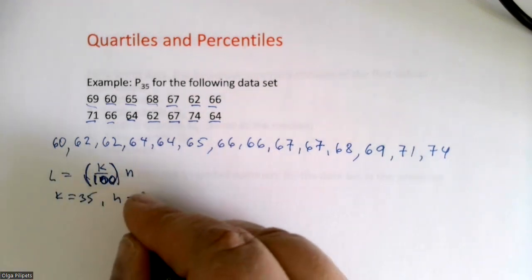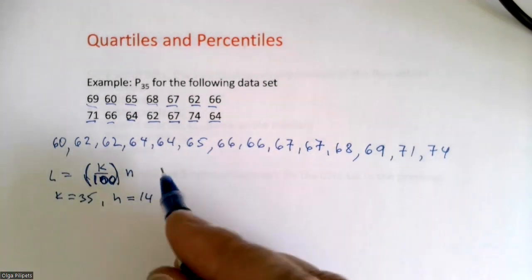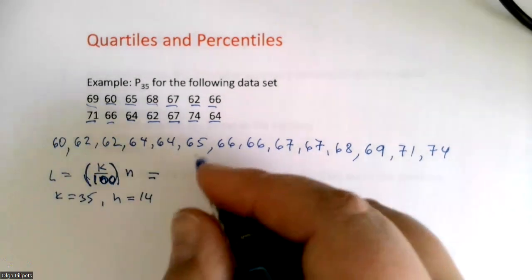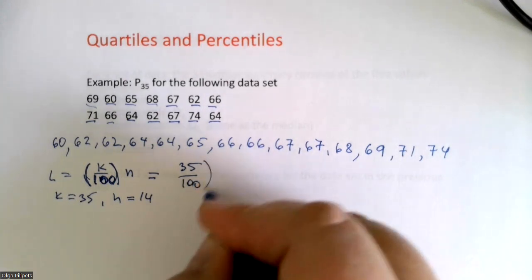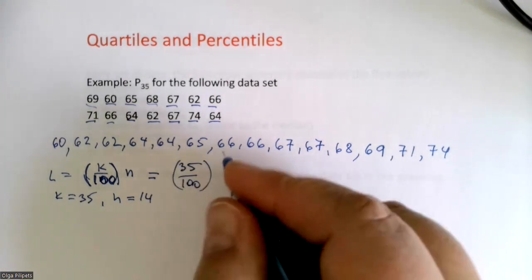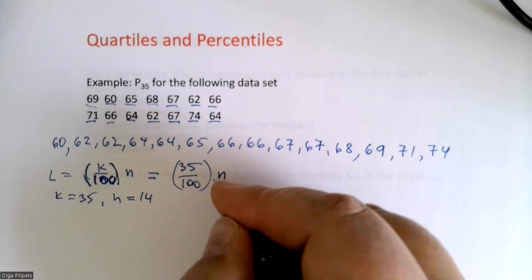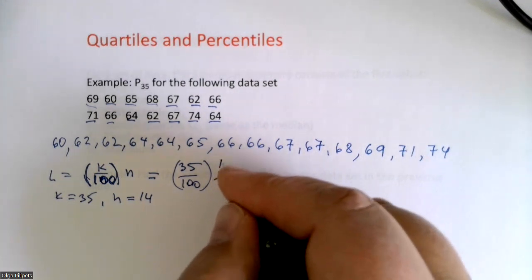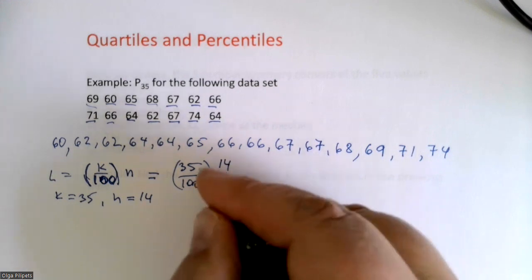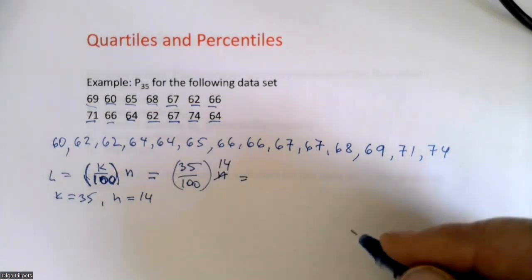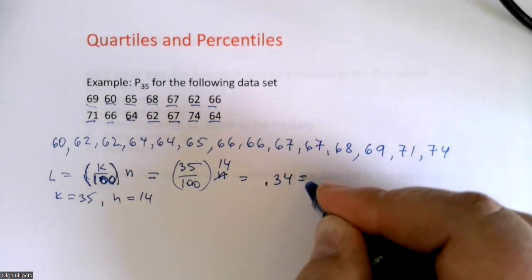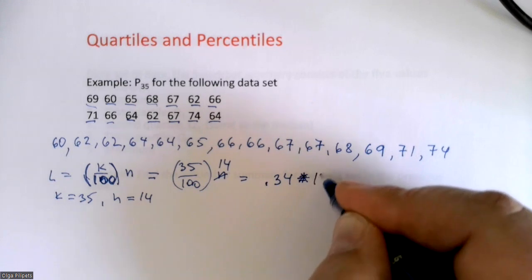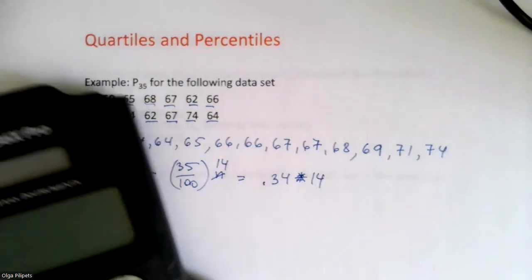I have a total of 14 values. So it's going to be 35 divided by 100. So basically convert my percentile to decimal form. So I have 0.35 times 14.